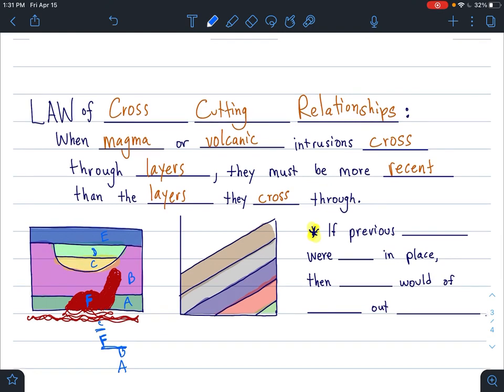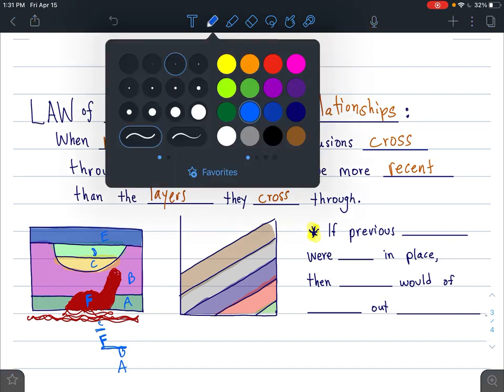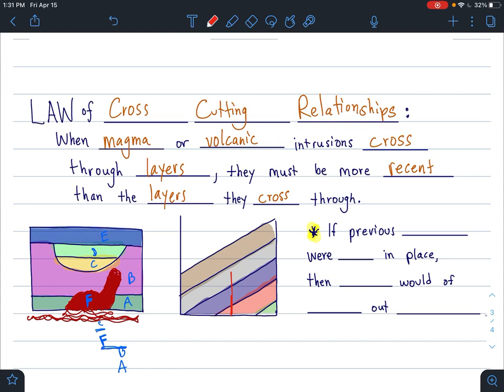We could also have something where perhaps there's a volcano. So let's imagine that we have that magma coming back up through the Earth's crust. So it's a tunnel here, and it starts to form some type of volcano. Well, we know that if this volcano were to form here in this manner, all of the layers had to be there before the volcano formed because this magma stream goes through each of those layers.